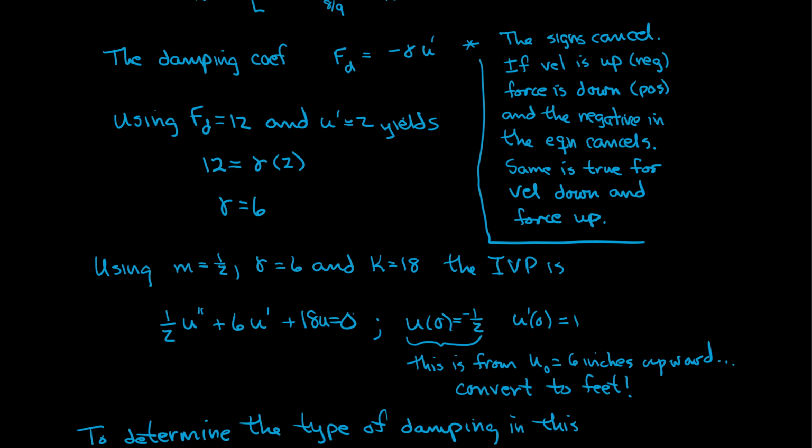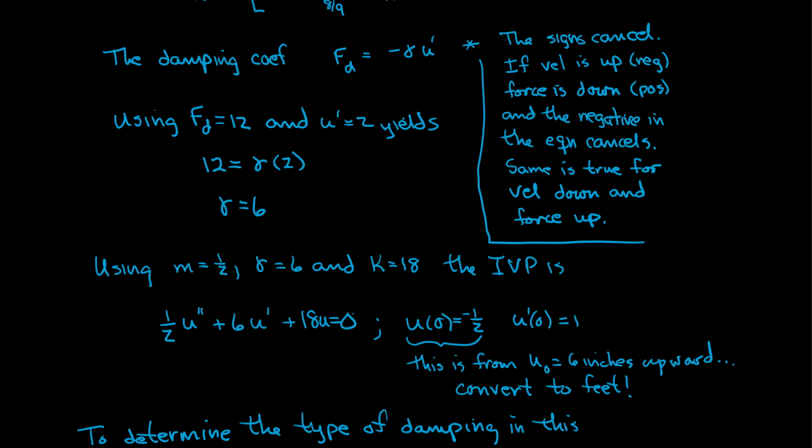For example, if the velocity is upward, okay, the force is going to be down. So if the velocity is upward, negative, and the force is going to be down, positive, we're going to wind up with this being negative, and the negative here times the negative there is going to give us a positive. The force is positive.